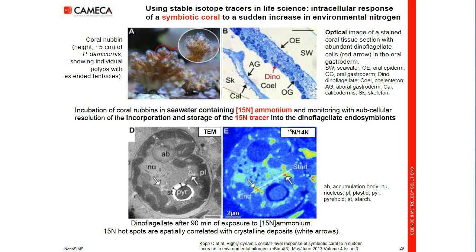Here, the storage or the accumulation of nitrogen from the spike. And this is a good example of correlative microscopy that is used to study living interaction.